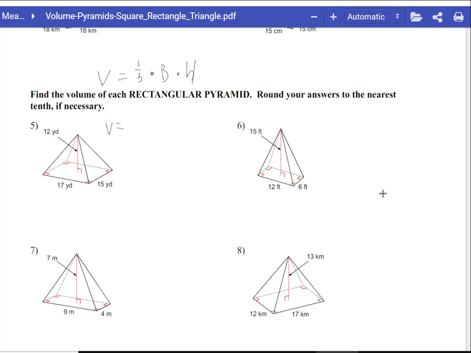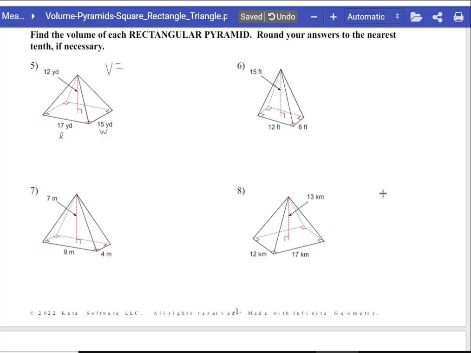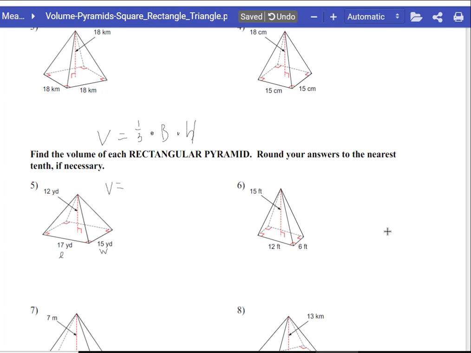Well, the area is going to be this length times width right here. So I know it's going to be 1/3, 17 yards times 15 yards. And the height is 12 yards.